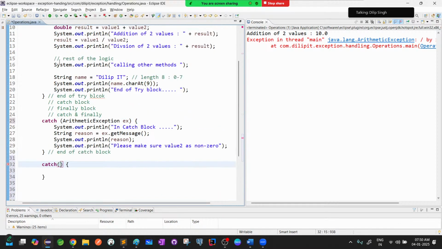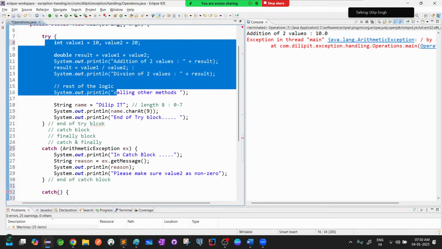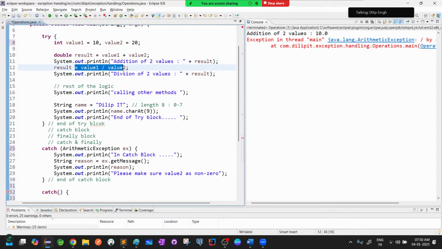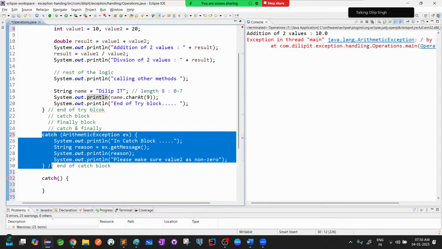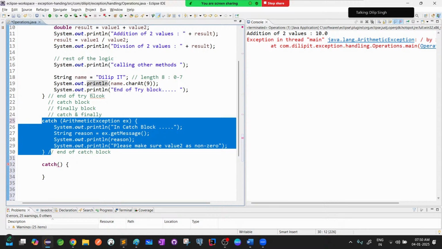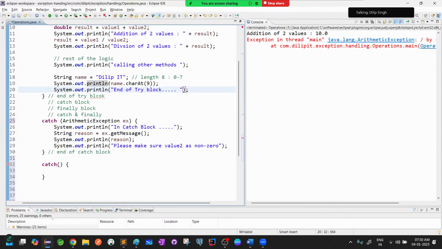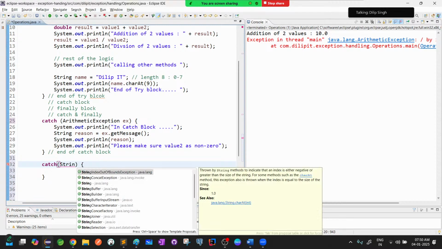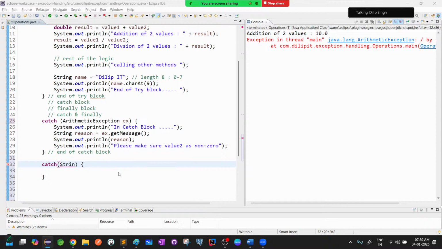Based on this logic, you are expecting two types of exception, maybe arithmetic exception, maybe index out of bounds exception. Now you want to handle the index out of bounds exception, so write string index out of bounds exception.